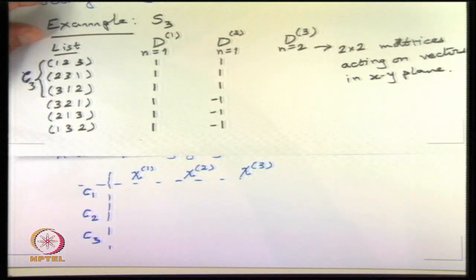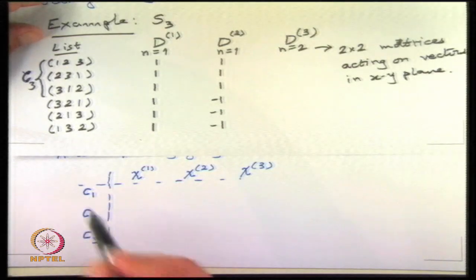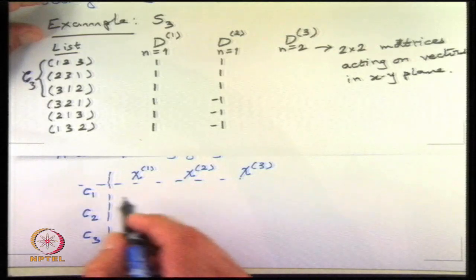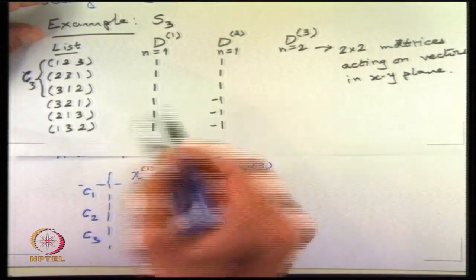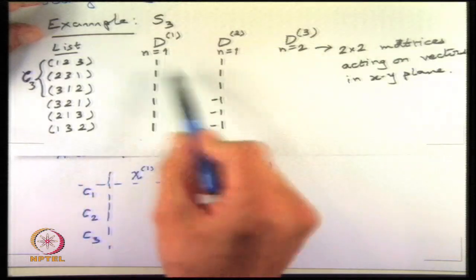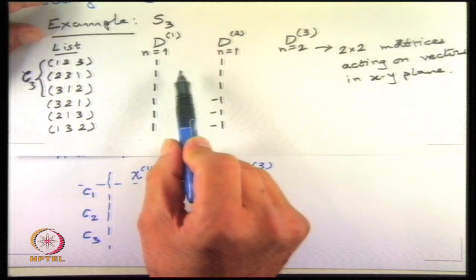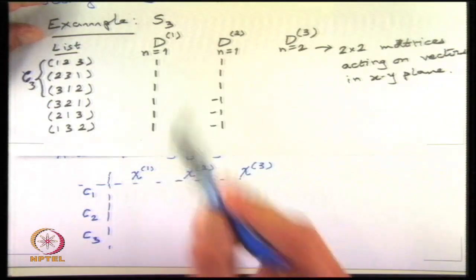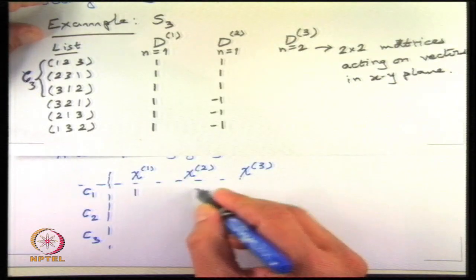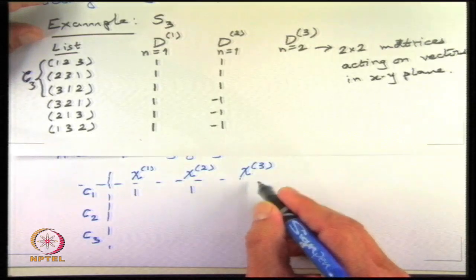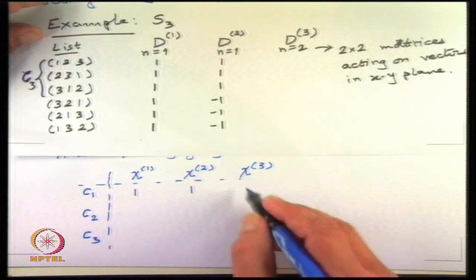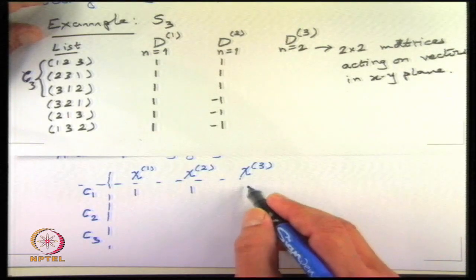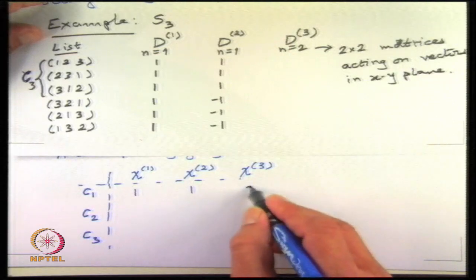Anyway, unfortunately in books they mix up all the symbols, so it doesn't matter, and from context you know which is which. So I have called here the conjugacy classes C1, C2 and C3. The conjugacy class of 1 is the identity, and for the identity we know the character of this and this is just 1 and 1, and in the representation number 3 the character or the trace was equal to 2.